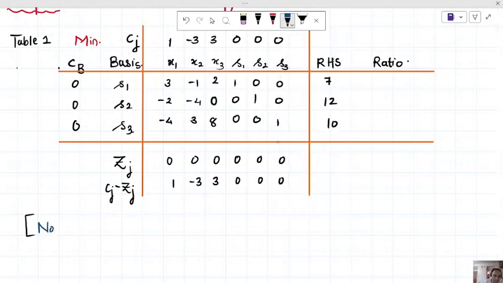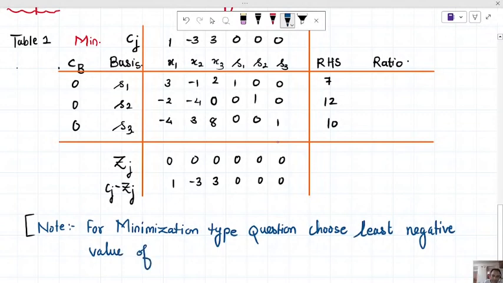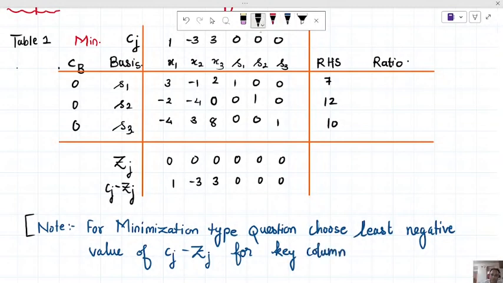Note: for minimization type questions, choose the least negative value of Cj minus Zj for the key column. Okay, this is what we have to do.